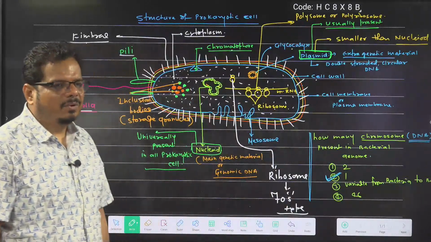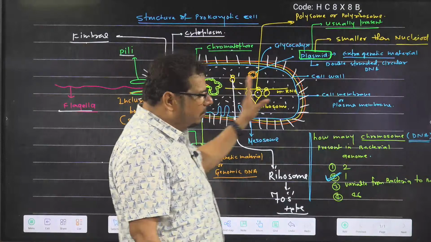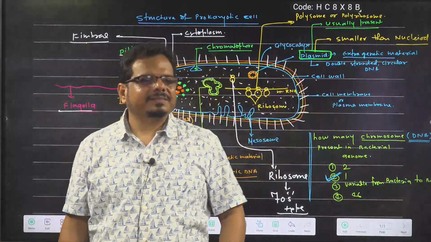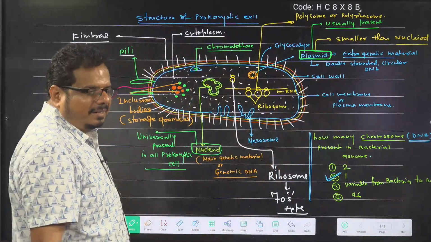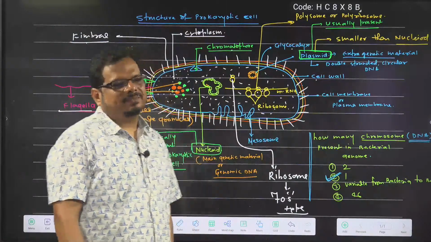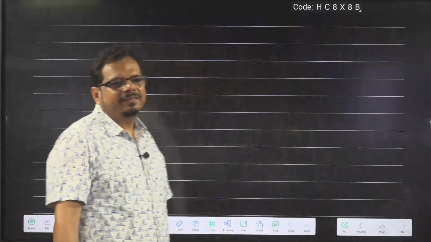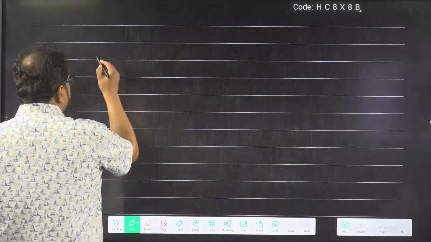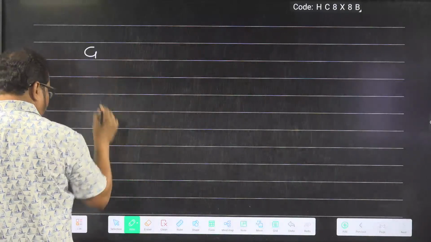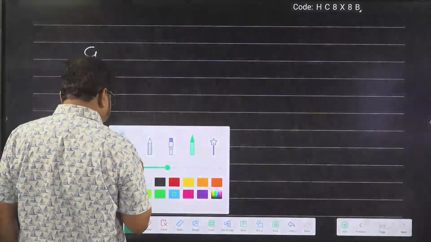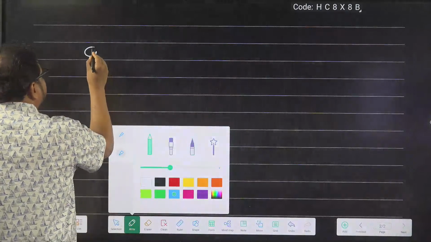Now we are moving one by one. Now you know what is present. Now we are moving ahead. Give your attention. So first of all, I am going to talk about glycocalyx. Everything I wrote, I will explain.